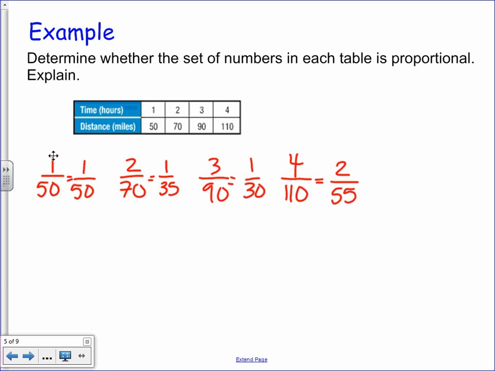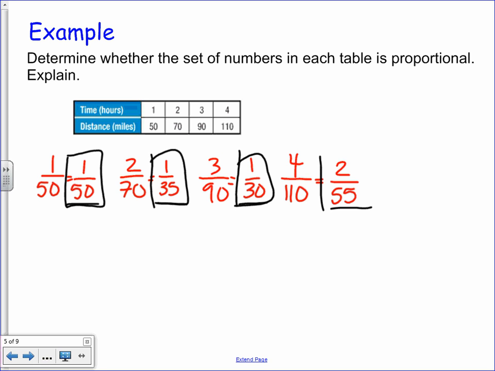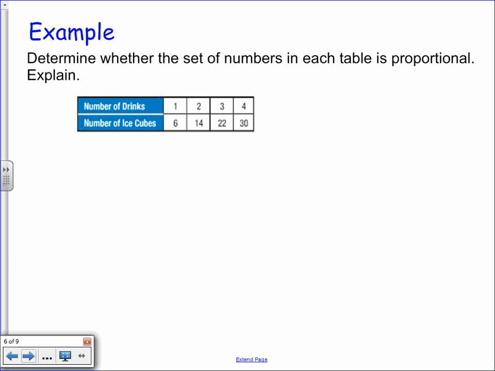Okay, so now we're looking at our rates. 1/35, 1/30, and 2/55. Now, are these all the same? No, they're not all the same, so this is not a proportion. Not proportional. They have to be the exact same in order for it to be proportional. Try this one.